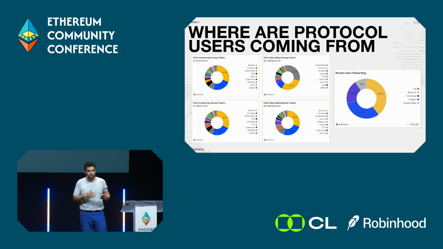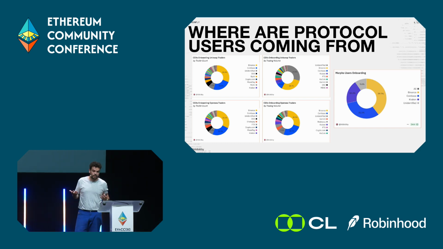You can also see, if it's funded by Binance US, well, it's probably a US user, and there's more you can get out of this. But my goal here is to showcase that you can make your own query and look at better profiling your users and hopefully better targeting them and understanding their behavior.